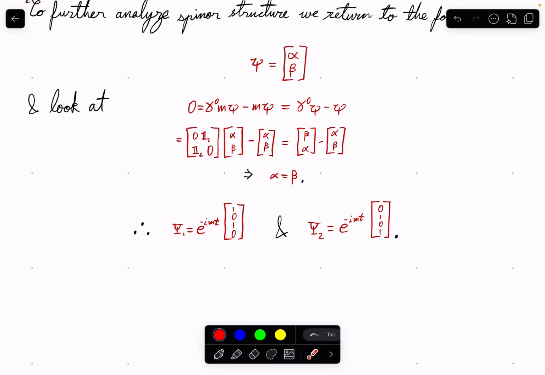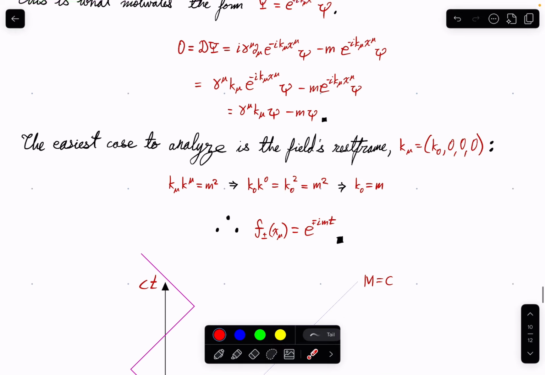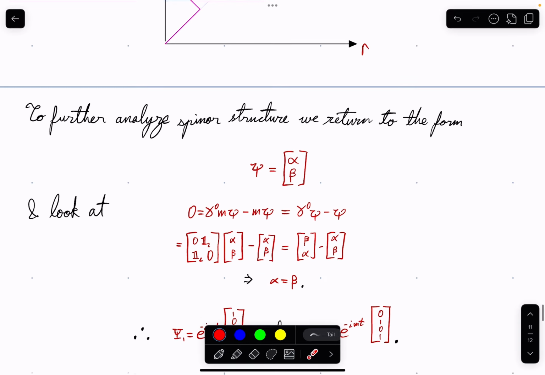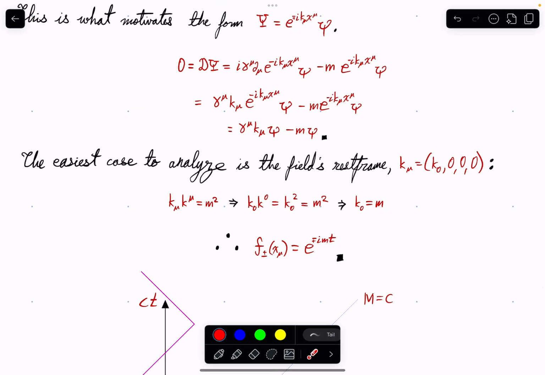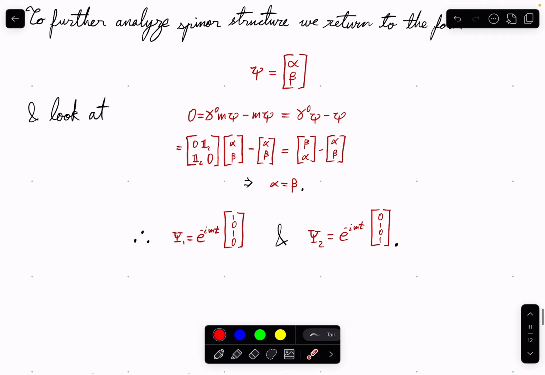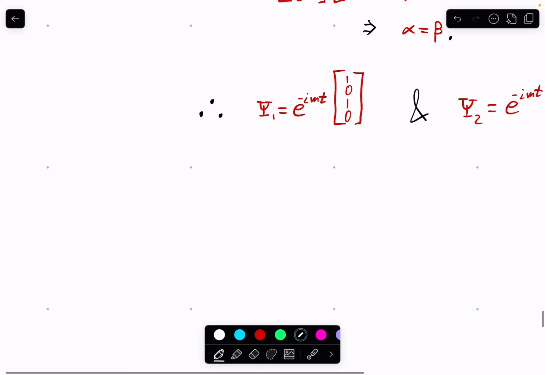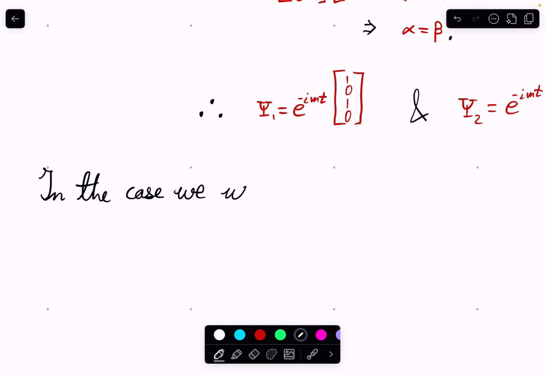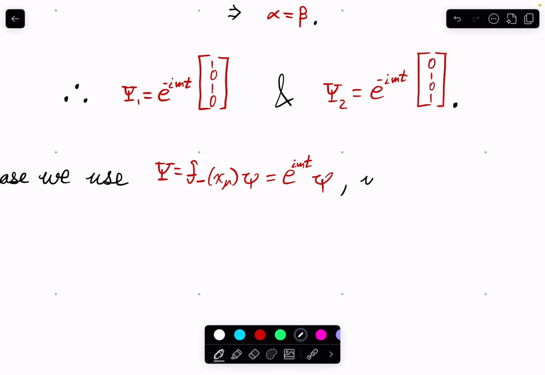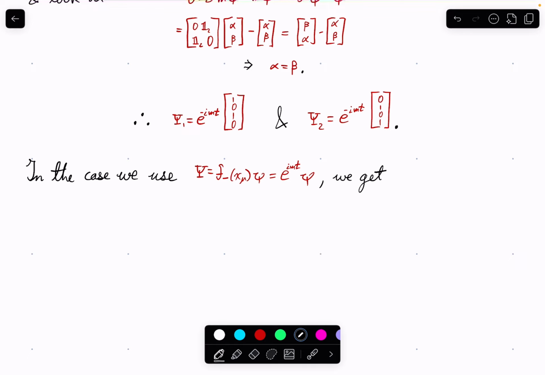Now if this was the case where we used the minus i m t, in the case we use C equals f of minus x mu C, which is again the positive, we get a different basis set.